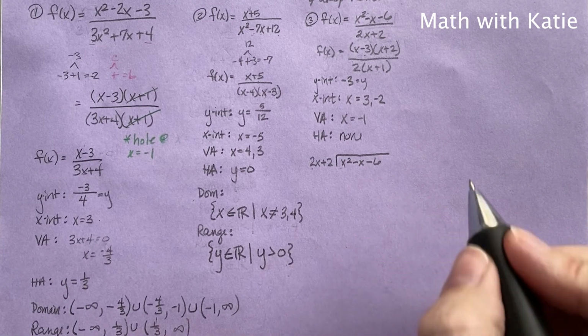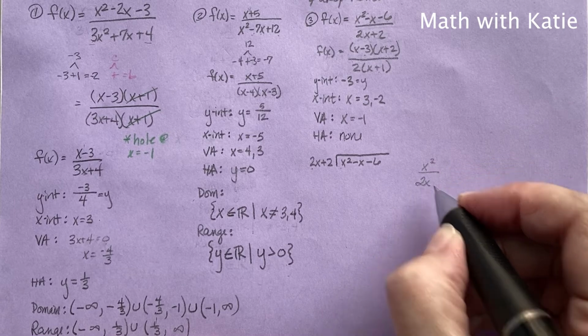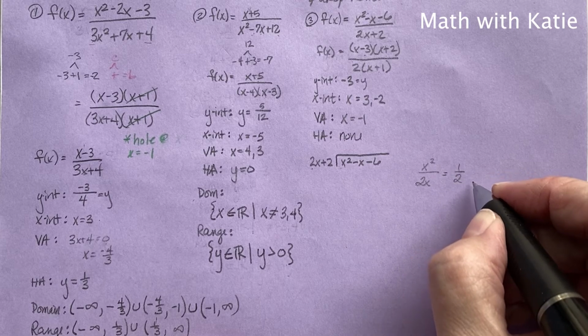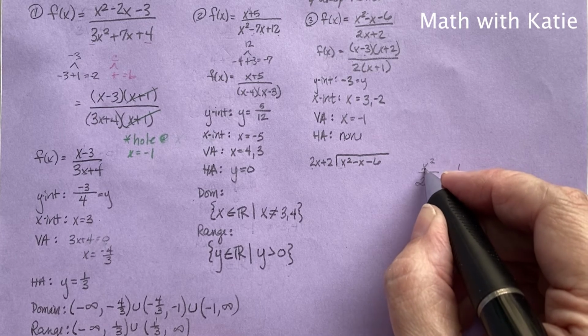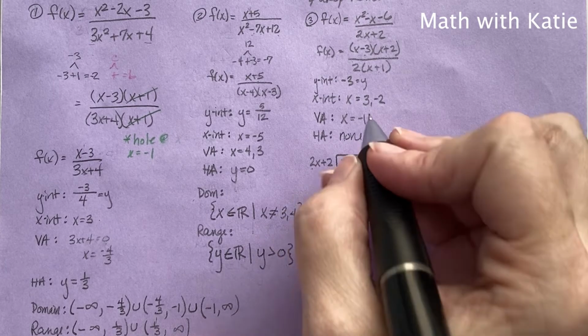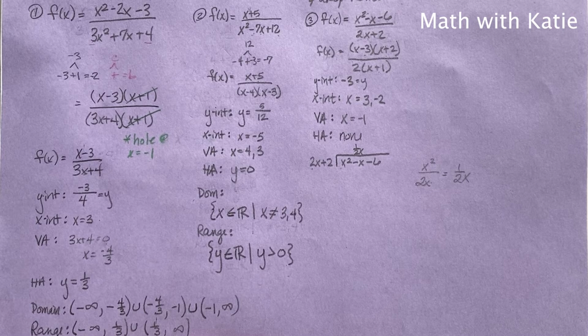So the easiest thing to do is say x squared divided by 2x. So that's 1/2. Now x goes into x squared once, subtract the powers, so 1/2 x. So we'll put 1/2 x here.